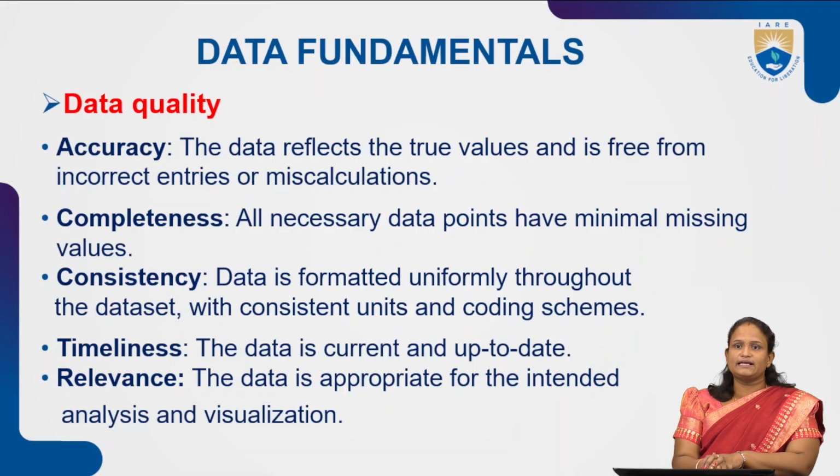The data is correct and up to date, and relevant. The data is appropriate for the intent, analysis and visualizations. These are the 5 characteristics you have to observe when you are collecting that particular data. Does it match your particular research or not, and at the end are you going to get results or not? These are the 5 characteristics of data quality.